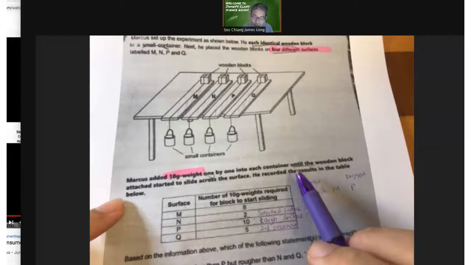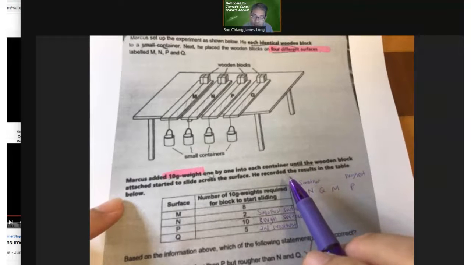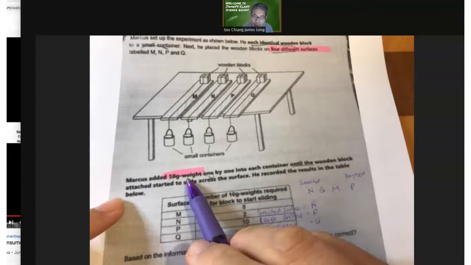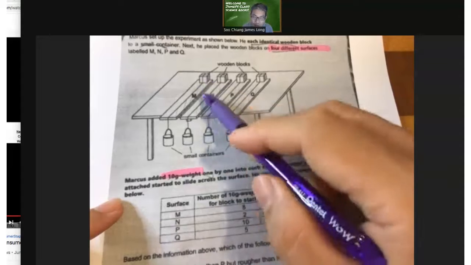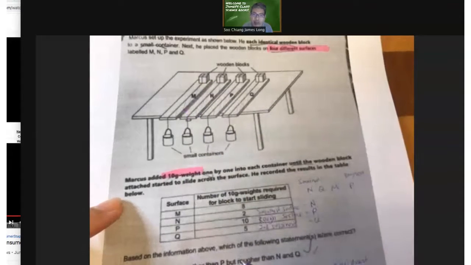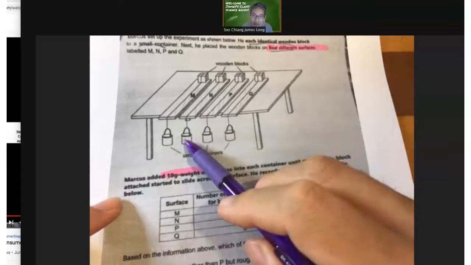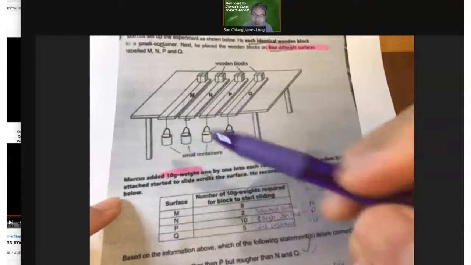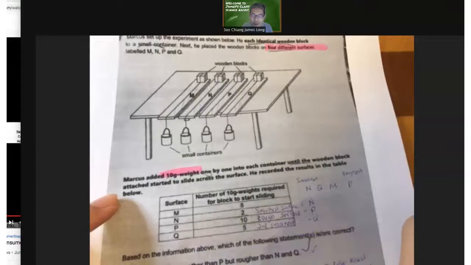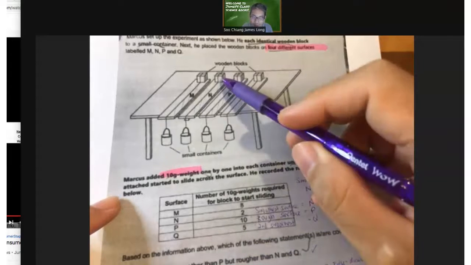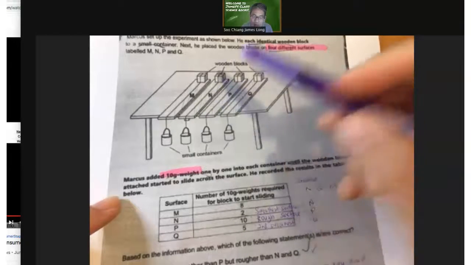So if it requires very few weights to make this block move, it means the surface must be quite smooth because there's less frictional force to overcome. If he needs to place many weights inside to make the wooden blocks move, then it means there is more frictional force between the bottom of the wooden blocks and the surface.